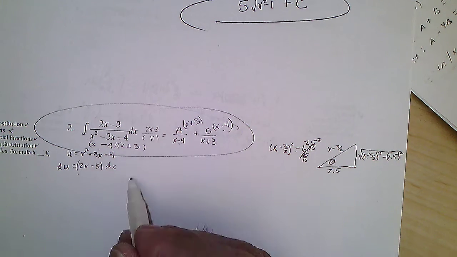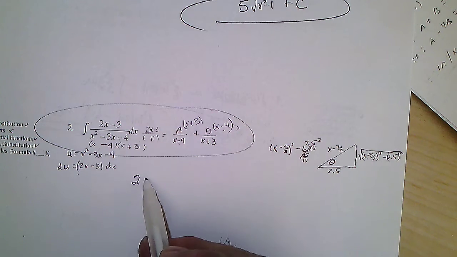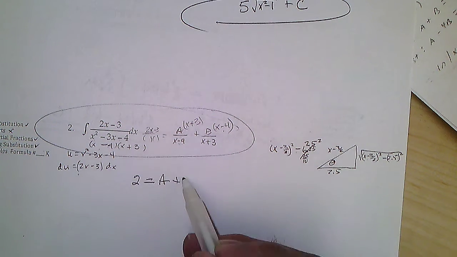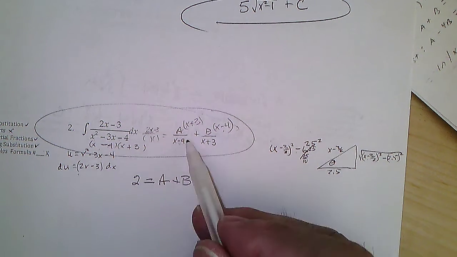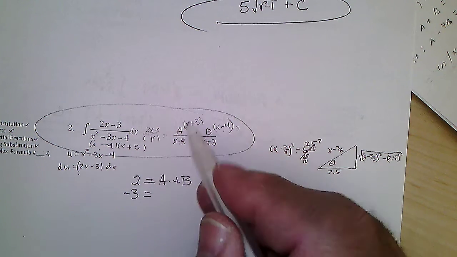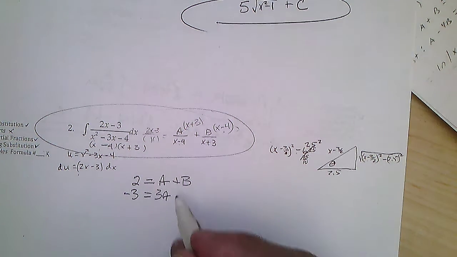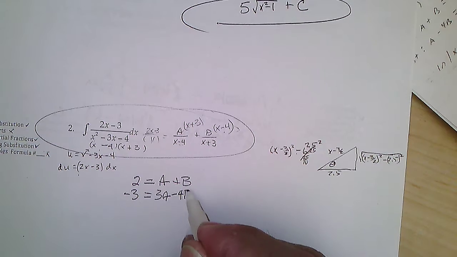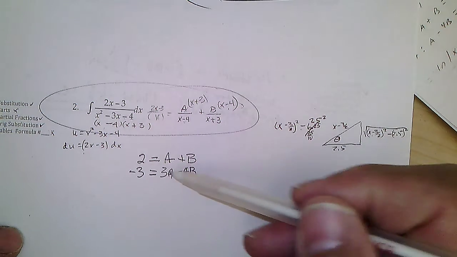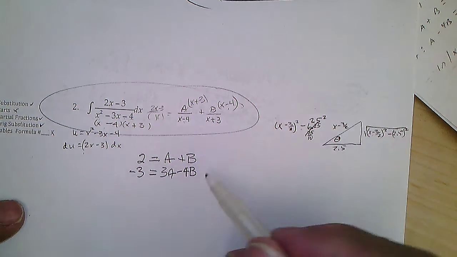But we'd have, of the x's, we have 2x equals ax plus bx, so we'd have that equation. And the other one, a minus 3 is equal to 3a minus 4b. And, let's say I wanted to get the a's to drop out, or the b's to drop.